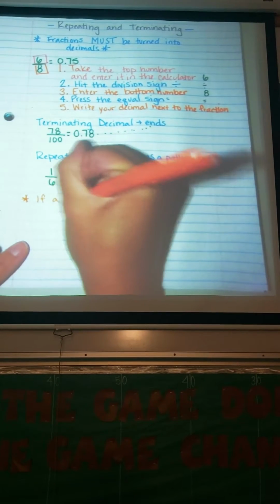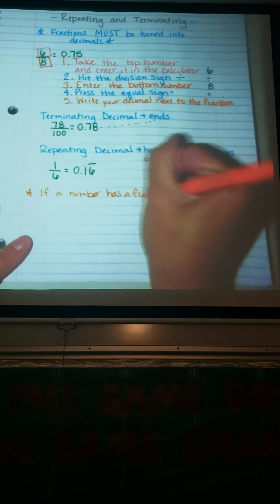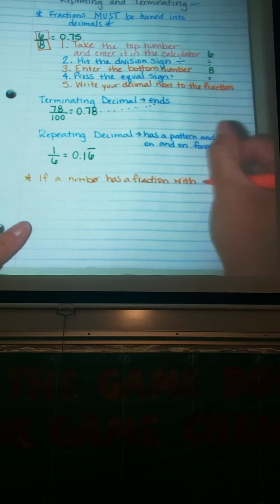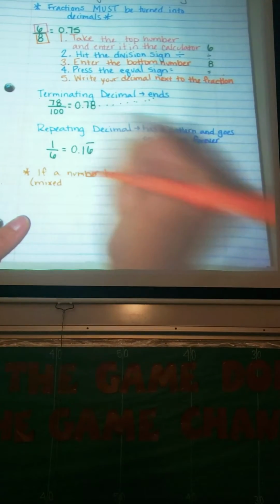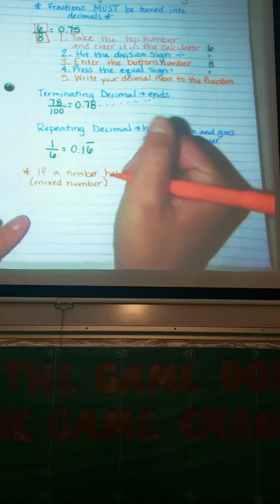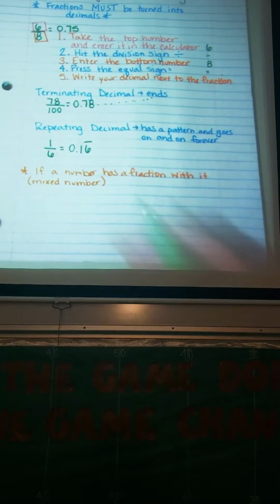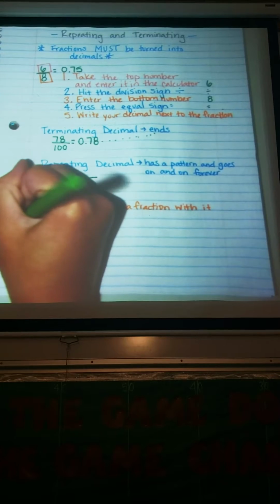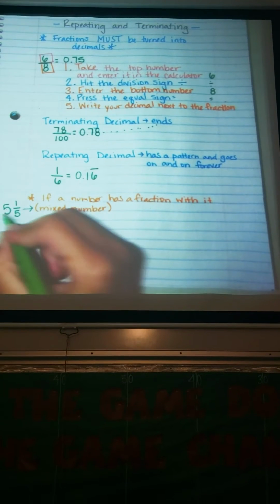If a number has a fraction with it, that's what we call a mixed number. So it has a whole number followed by a fraction. And I'll write down an example so you see what I'm talking about. Okay? So an example of that would be, I'm just going to write one to the side. 5 1/5. That's what I'm talking about, a mixed number right here. It has a whole number and a fraction.